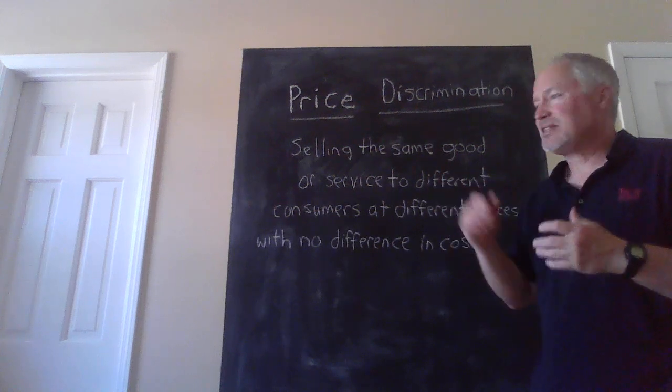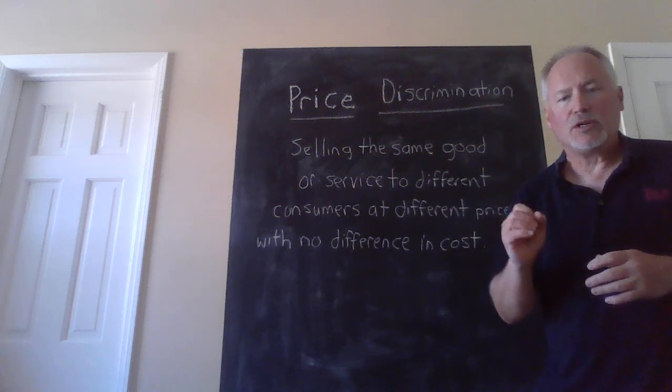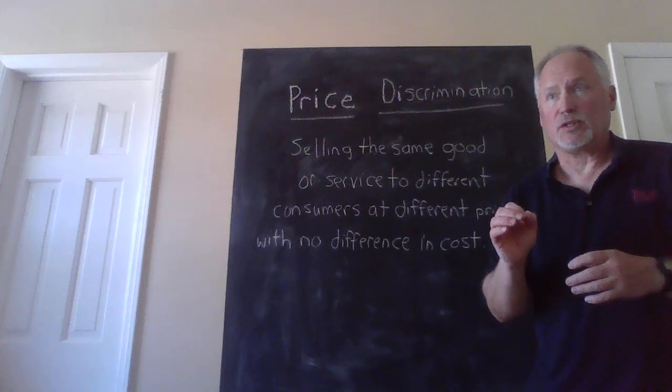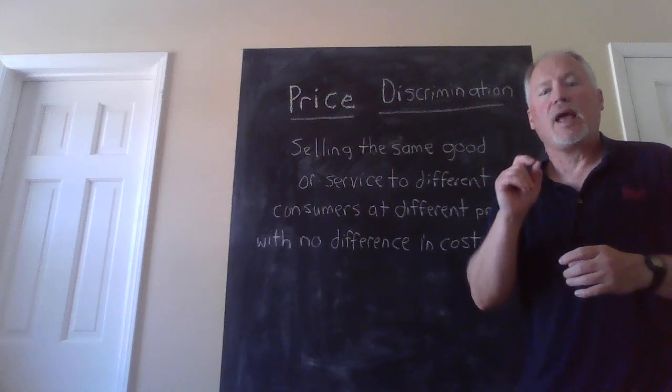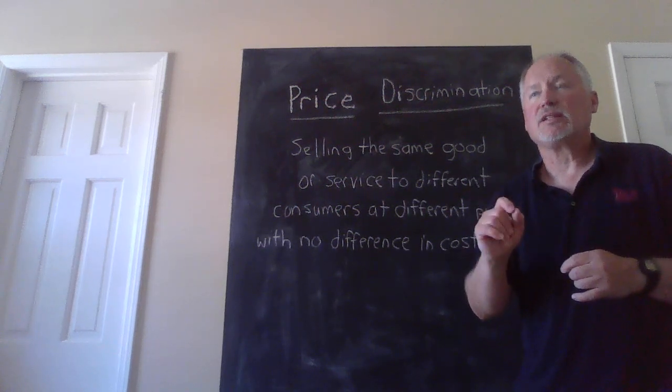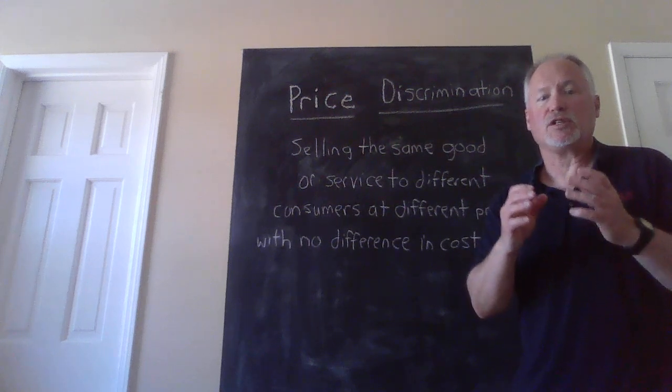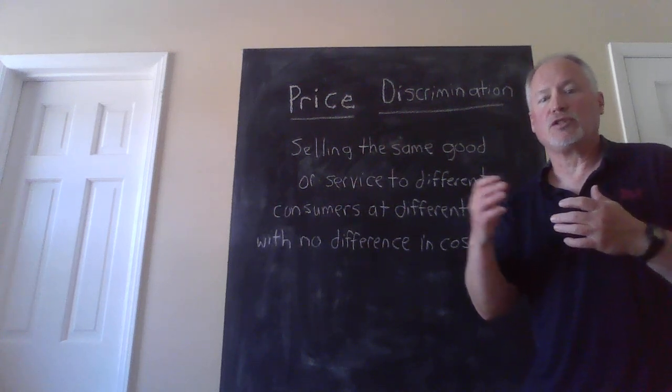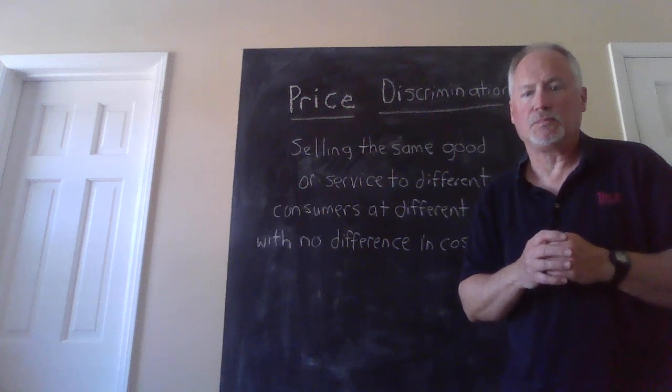Here's a definition of price discrimination. It refers to the selling of the same good or service to different customers for different prices, and most importantly, this cannot be related to a difference in the cost of the good or the cost of servicing the customers.